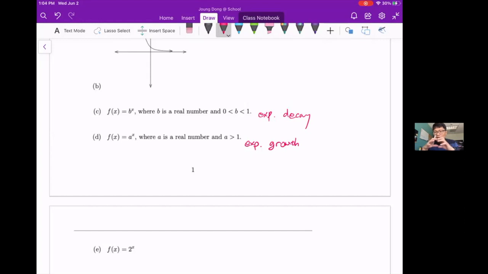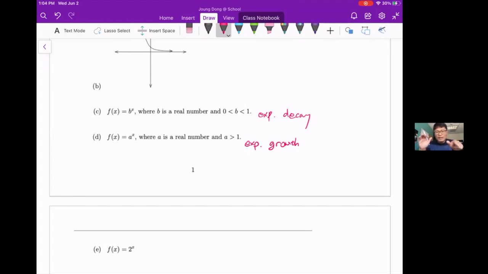Your denominator is getting bigger but the numerator is just one, which means it's getting smaller and smaller, getting close to zero. I'm not talking about negative numbers. That is the reason why case C is called exponential decay.